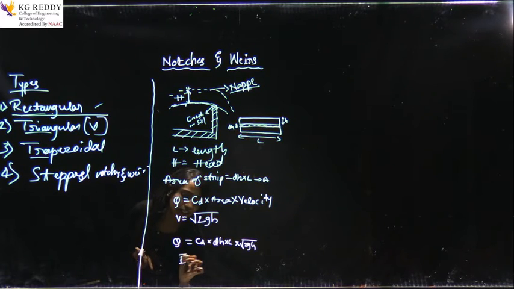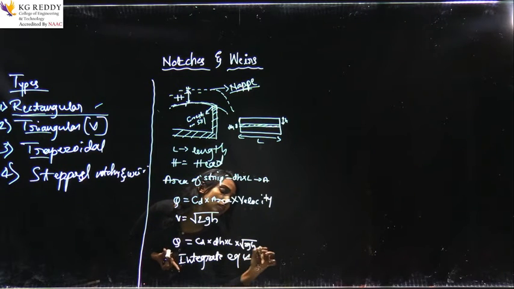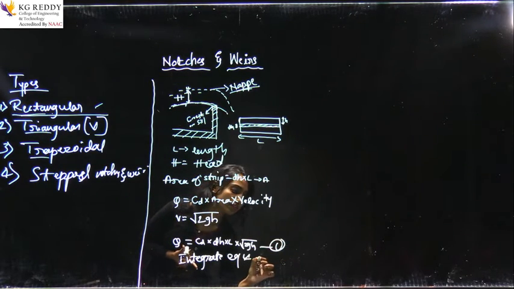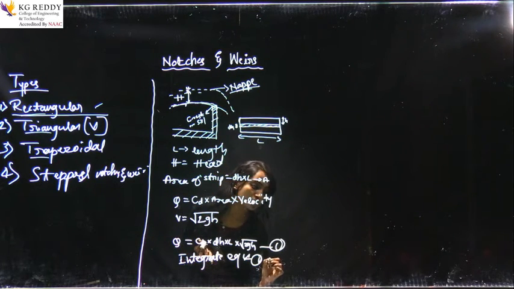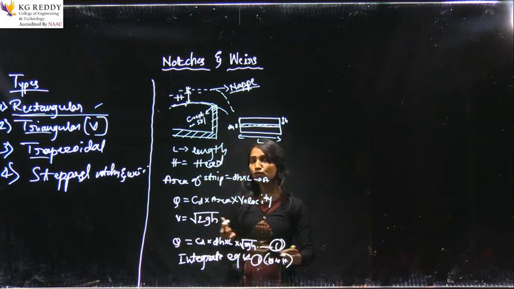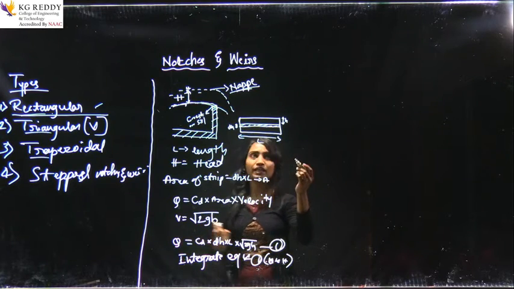So, integrate equation 1 from the limit 0 to h. To get the flow across the cross section, we will integrate this equation.